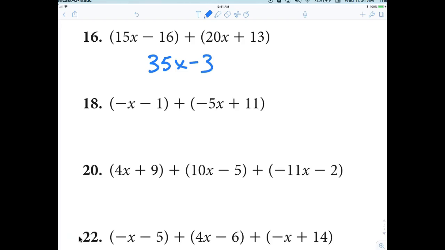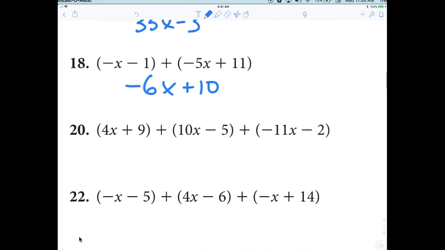Number 18, Sebastian. -6x plus 10. Perfect. Colin, you're up now.